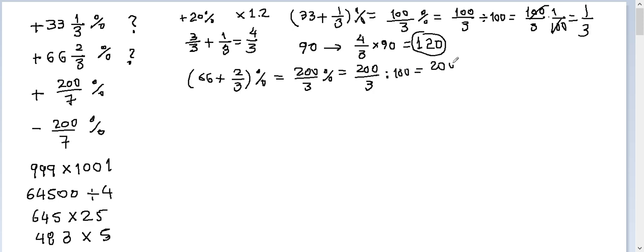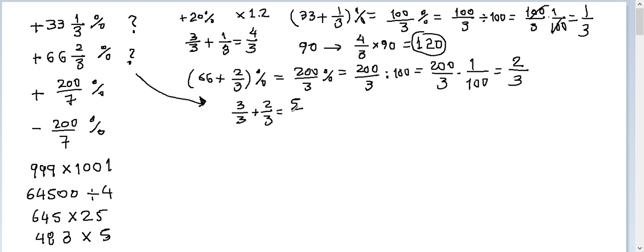It's 200 over 3 times 1 over 100, and it simplifies into 2 over 3. So it means actually that I have an increase of 2/3. So if the original thing is 3/3 plus 2/3, we go to 5/3. So for example, if it was 90, then the final one is 5/3 times 90. So it's 90 divided by 3 is 30, times 5 is 150.